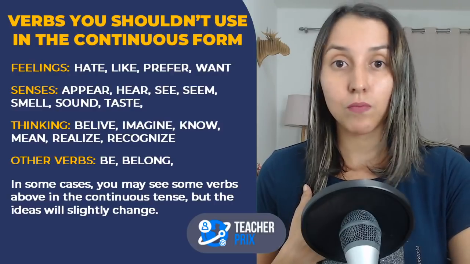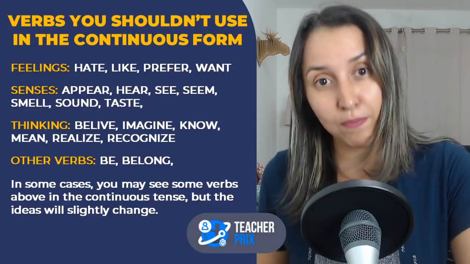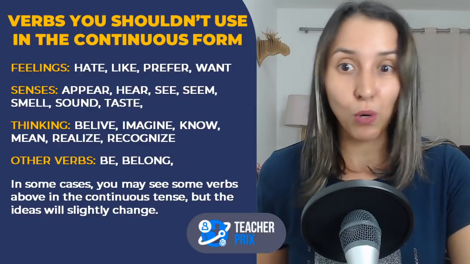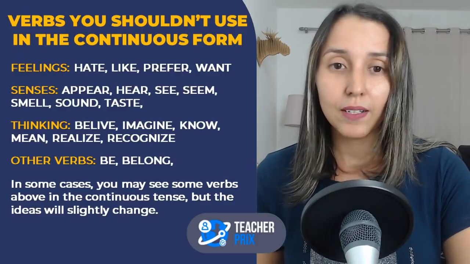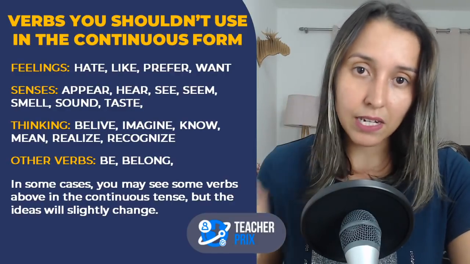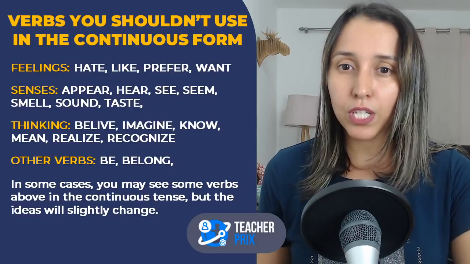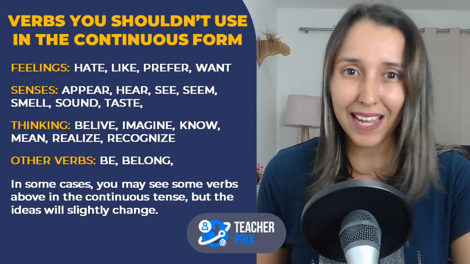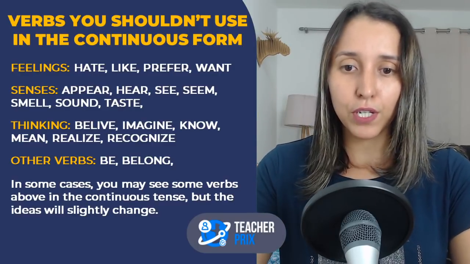In Brazilian Portuguese, there are many verbs that we use in the present continuous that don't need it, but we do anyways because we do that. But in English, we don't. So it's important to learn this. This is the common mistake English learners make. When they master present continuous, they understand the noun and the habit, but they don't understand this, okay? I can make a future video about that.